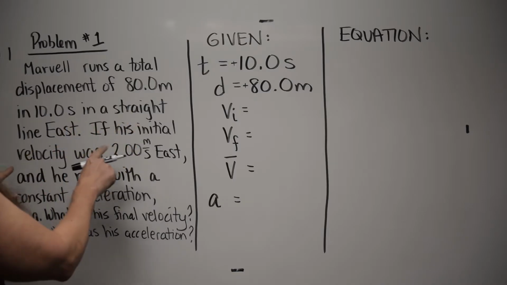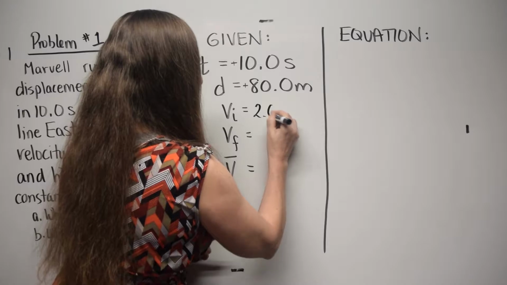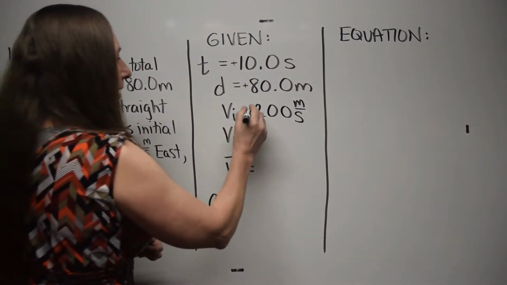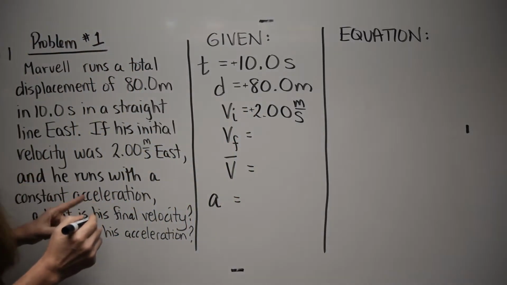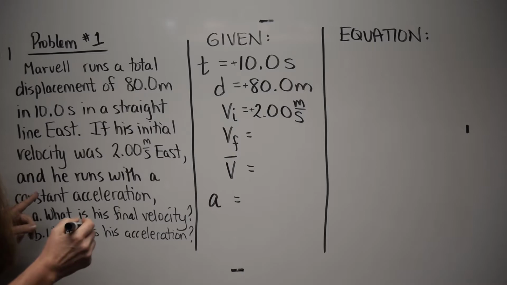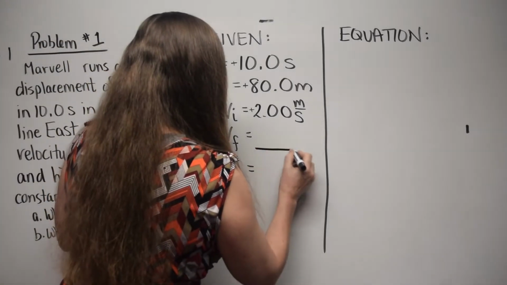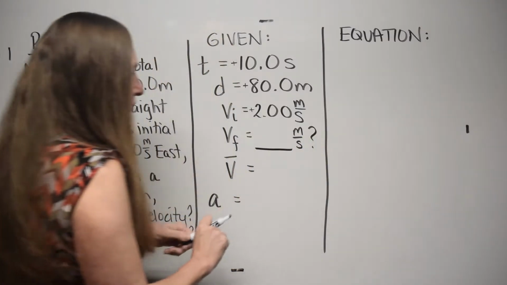If his initial velocity was 2 meters per second east, so V initial, 2.00 meters per second, that's east, so again, that's positive. And he runs with constant acceleration. Okay, what is his final velocity? So we're trying to find his final velocity. So that's going to be meters per second, question mark.